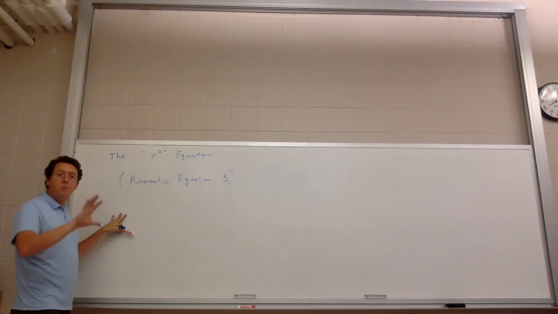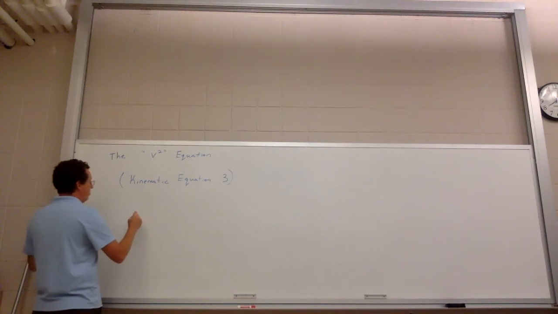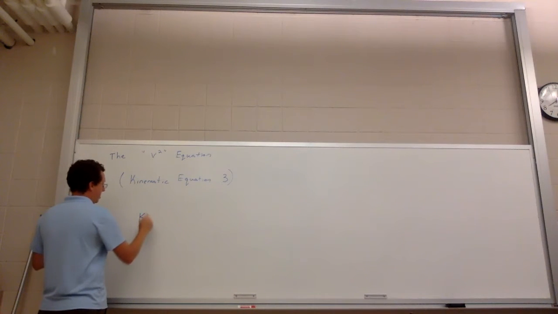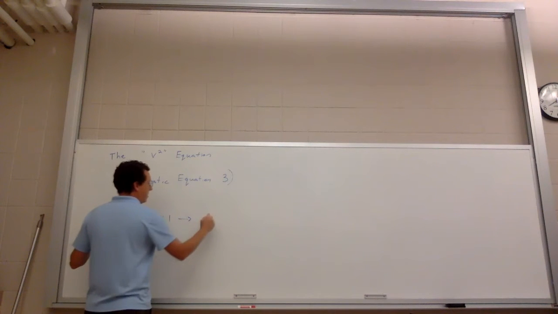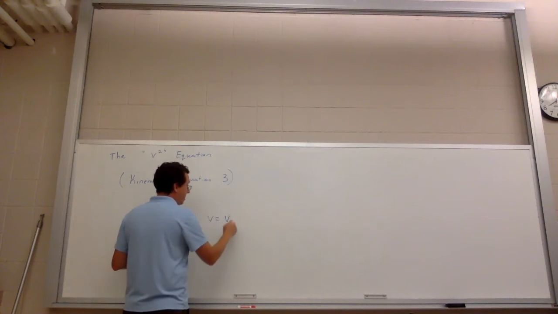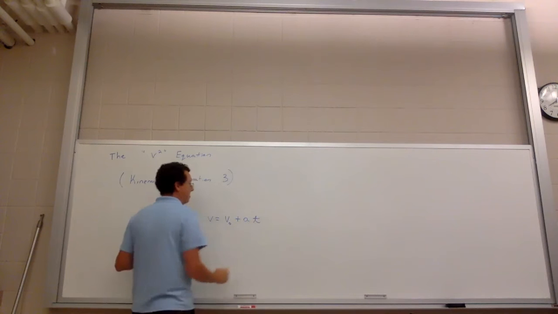And then we're going to talk about a plan to eliminate time from them, and then we'll see what we get. All right. So kinematic equation 1 said that the velocity as a function of time equals the initial velocity plus the acceleration times the amount of time.